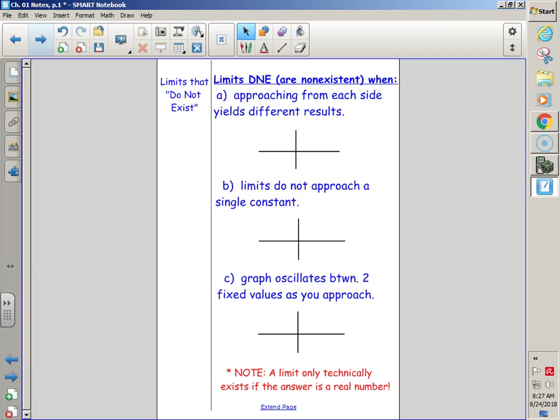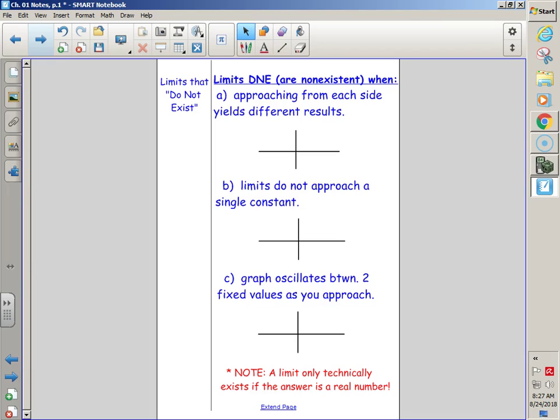We saw this when you thought it didn't exist. Talk about when limits do not exist. Three different cases.